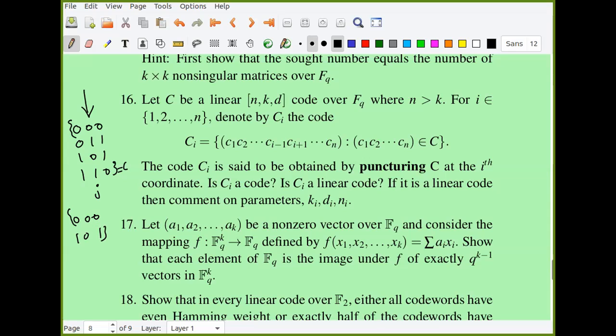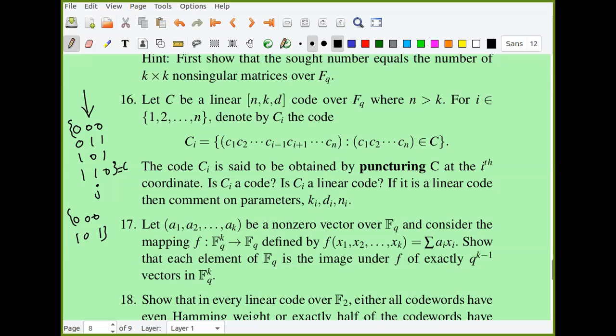What is the length of the code now? Length 3. In general, if I take a code and do it like this, does the length of the code decrease? No. In puncturing it decreased because I removed the entire coordinate, and now I'm not removing. I'm only collecting some codewords which are 0 there. Is it clear?